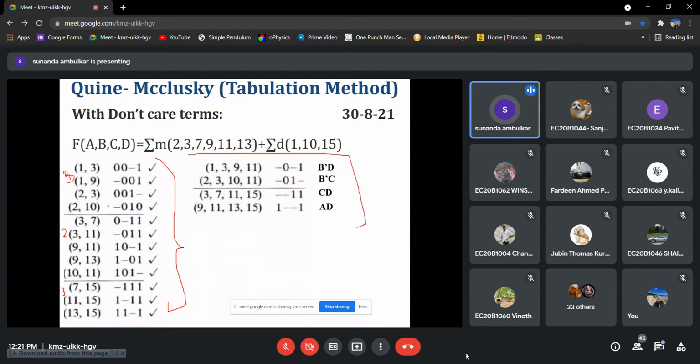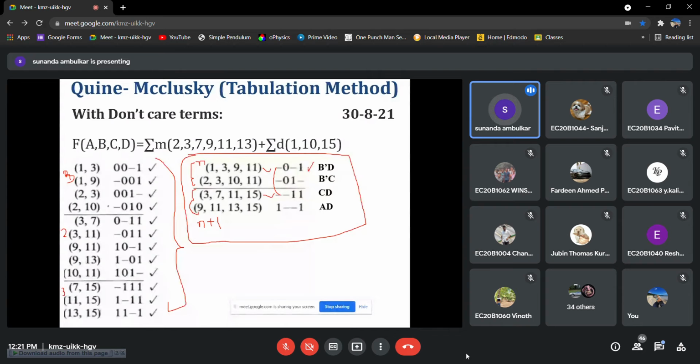Next, the third table. In the third table, if we try to compare, this makes one group and this makes another group. So we will compare group members of this n and members of this n plus 1, one by one. If we take this and this, dash 0 dash 1, not possible, so we will put a star mark.